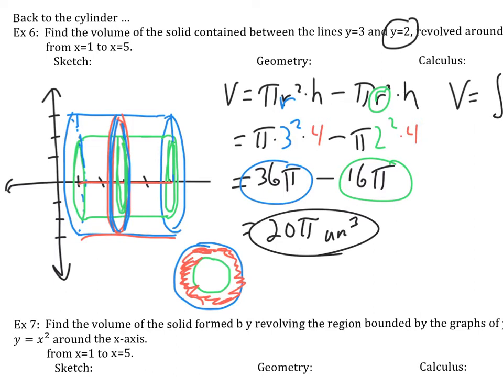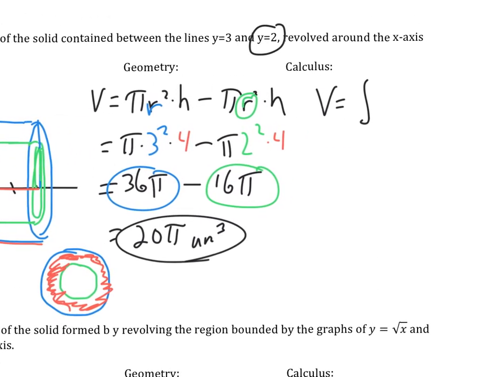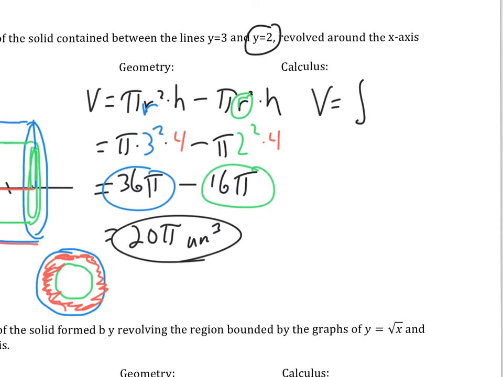Multiplying by dx gives me the volume of the washer, and I can add up a whole bunch of those volumes to get the volume of the entire solid that I've created. Okay, so let's express the area of this washer as the area of the big circle. So I've reduced this to really a geometry problem, which is the area of the big circle minus the area of the small circle, which is the green circle.